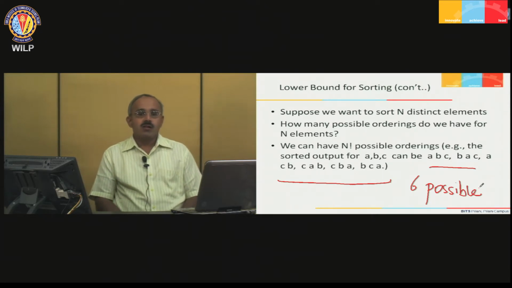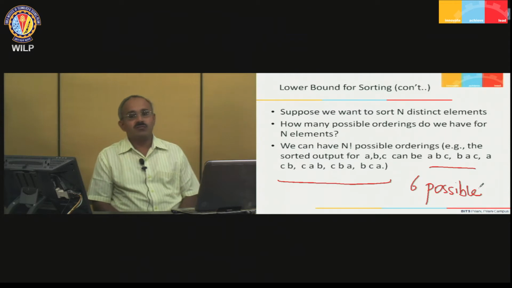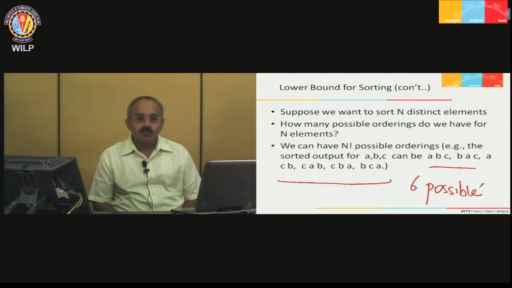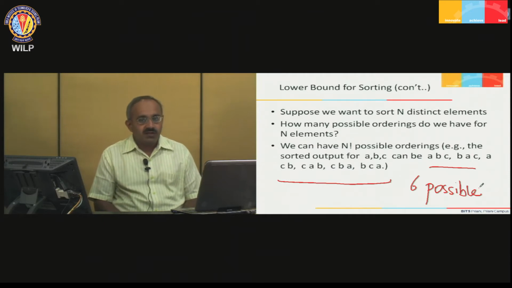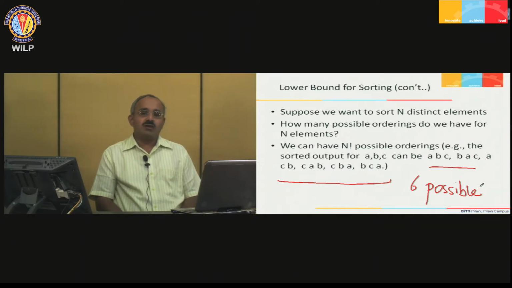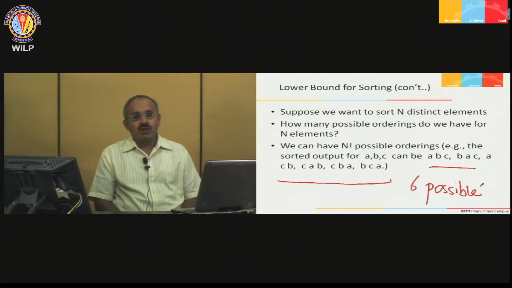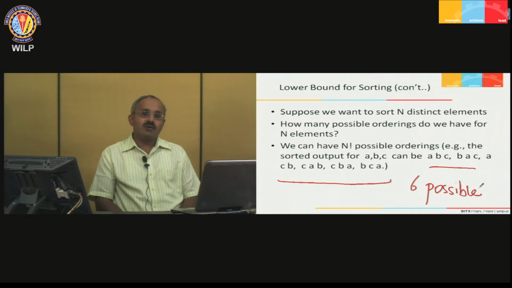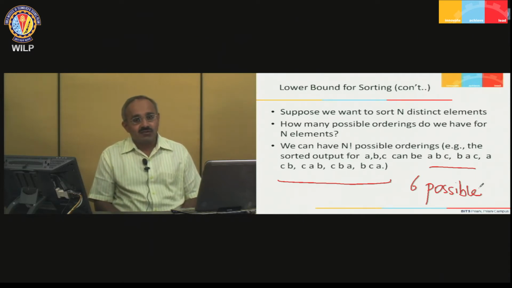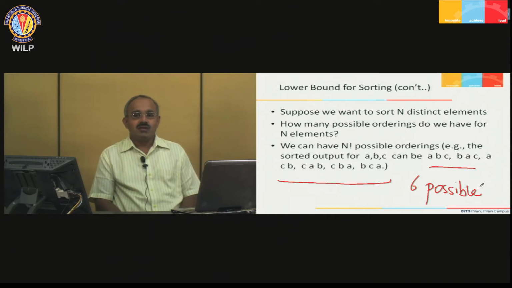Now, any one of these is likely to be an input sequence to your algorithm. So, in the worst case your algorithm will have to deal with all these 6 possible cases. If your algorithm is correct and is going to sort any sequence of arbitrary elements, then it has to take care of these 6 possible orderings of 3 elements.